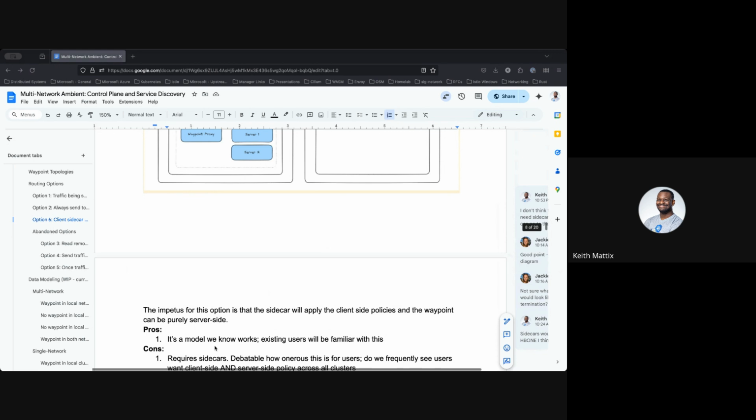If we did anything besides option 1, we would still need a double HBone implementation in Envoy, which you've avoided so far. Option 1 allows us to kick the can down the road, but option 2, option 3, and option 6 would require a double HBone implementation in Envoy, and we would use largely the same thing regardless.